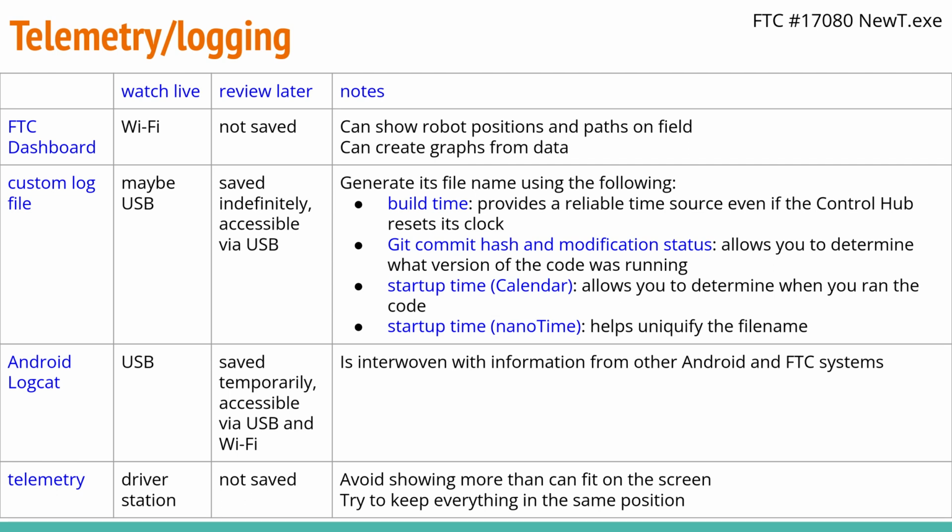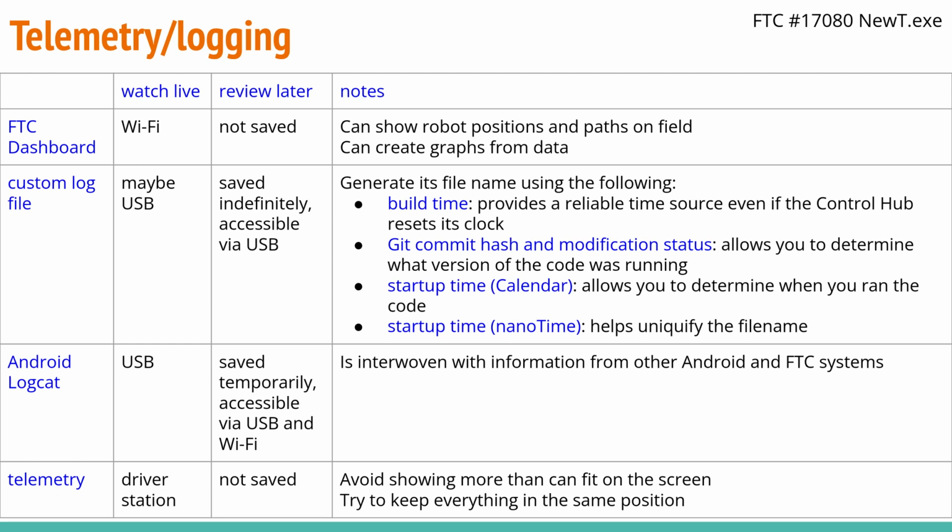Another option is the FTC dashboard, which is separate but related to, and works with Roadrunner. With Roadrunner it can show the robot position and path, and I guess that's really part of Roadrunner that uses dashboard to show that.